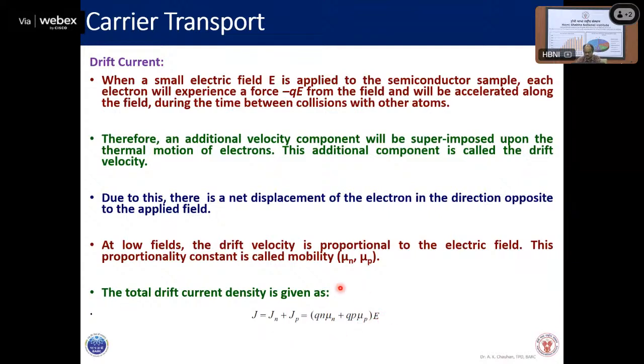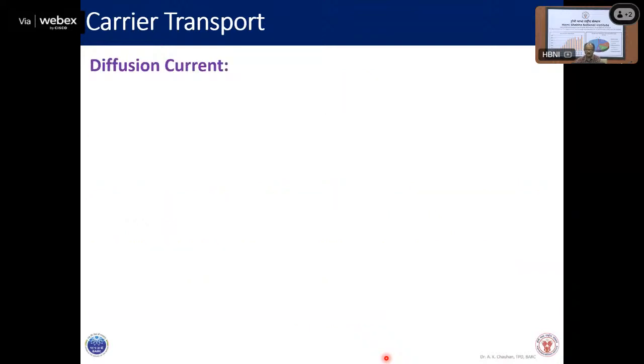This is due to the holes, this is due to the electrons. So the drift current is the total current due to the flow of electrons plus the total current due to the flow of holes. So drift is simple, you have understood.